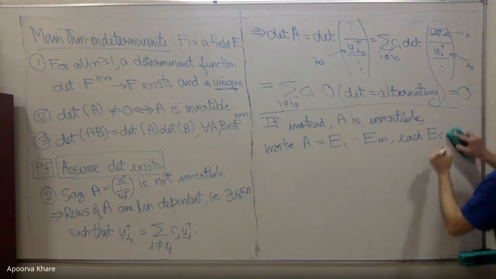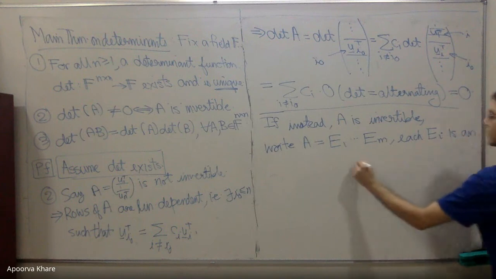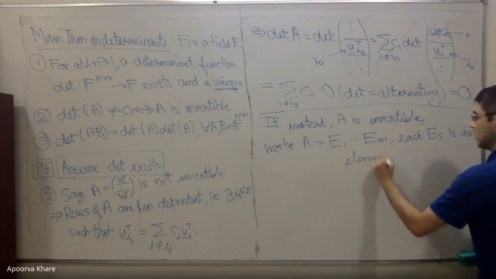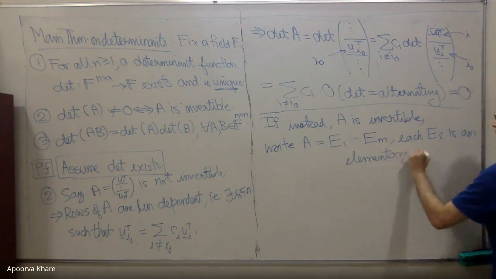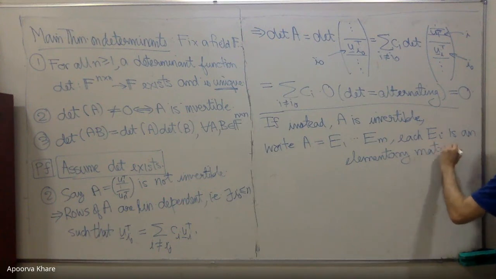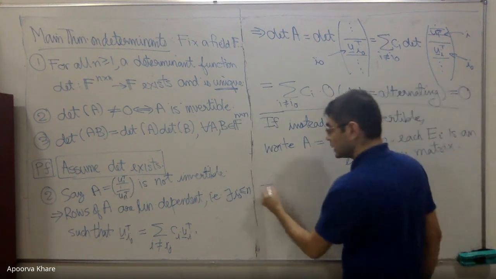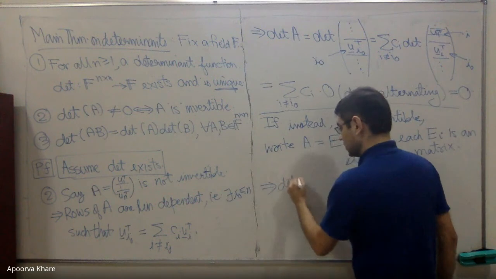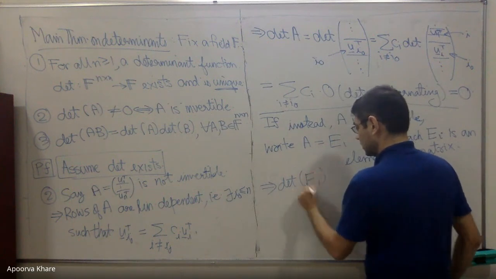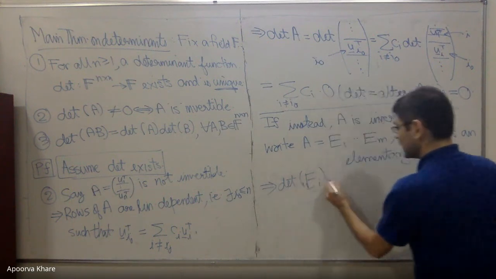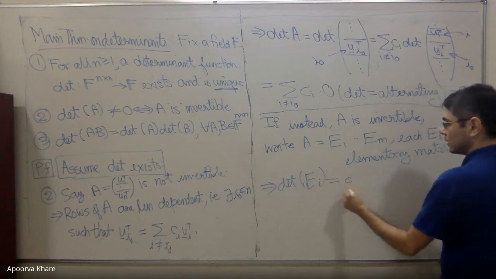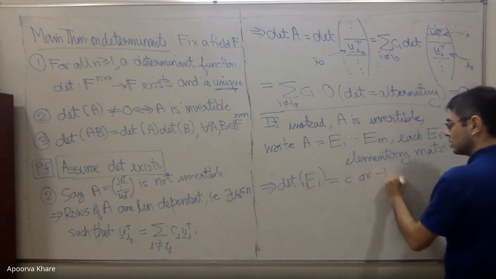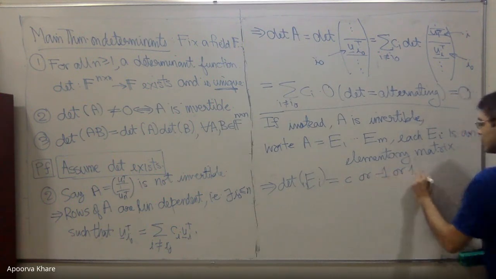Each E_i is an elementary matrix. But then we know that the determinant of each E_i is non-zero. The determinant of each E_i is either c, or -1, or 1, where c is non-zero.